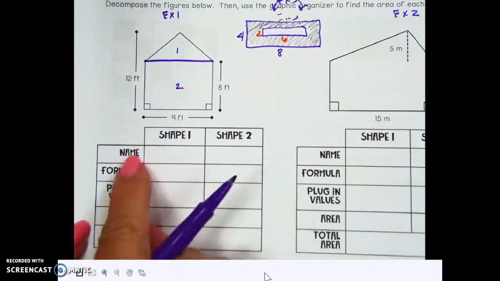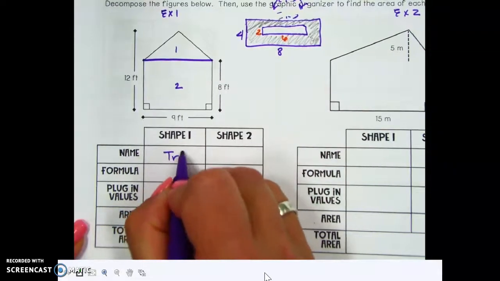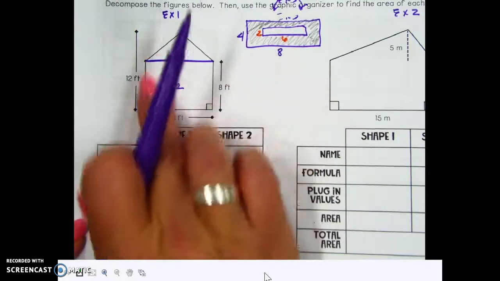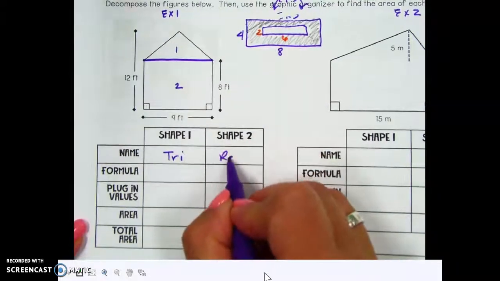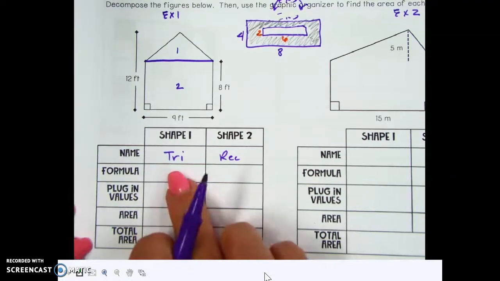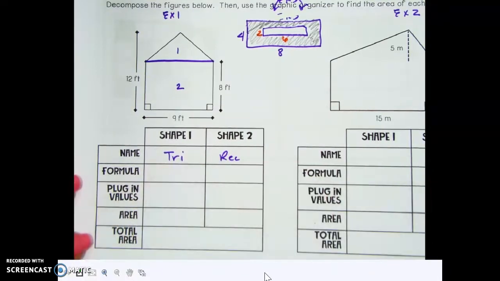Now I can fill that in because it says, what's the name of shape 1? It's a triangle, and I'm going to just write tri. And what's the shape of 2? It's a rectangle, and I'm going to just write rec, because I know what that means. Yes, you write this in your notes, Laura. Absolutely. So what is the formula for a triangle? Gee, I don't know.